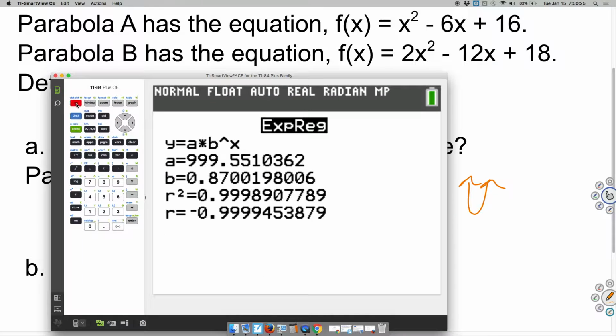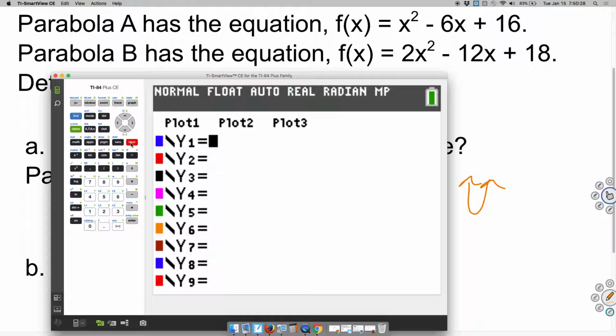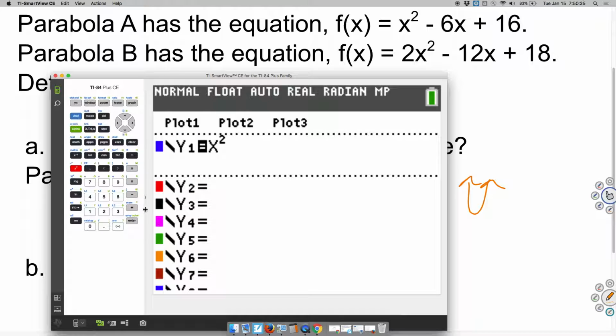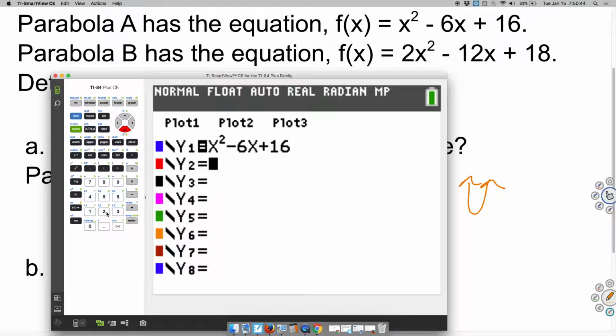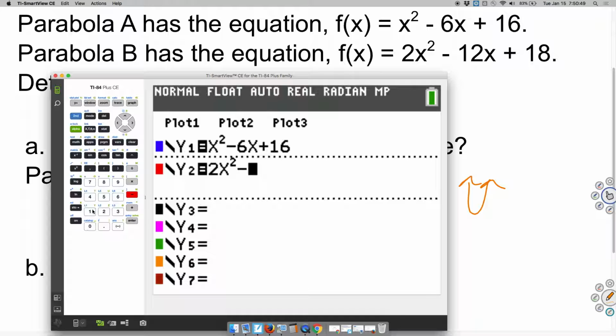So we have x squared minus 6x plus 16. That will be our y1, or our first f of x. Here we have 2x squared minus 12x plus 18. And then we go to second table.